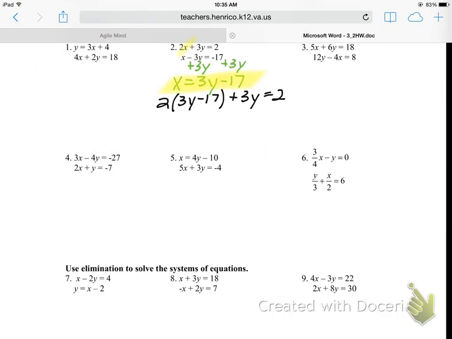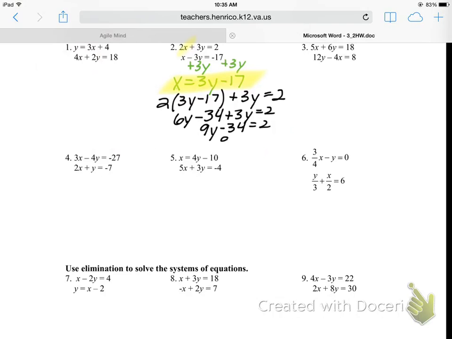So what does that simplify to? 6y minus 34. Good. 6y minus 34. You still have the 3y over there. So what's that become? 9y minus 34. So 9y minus 34 is 2.